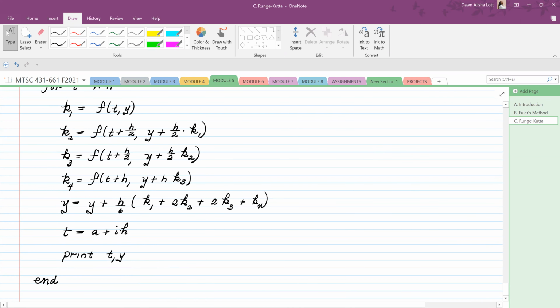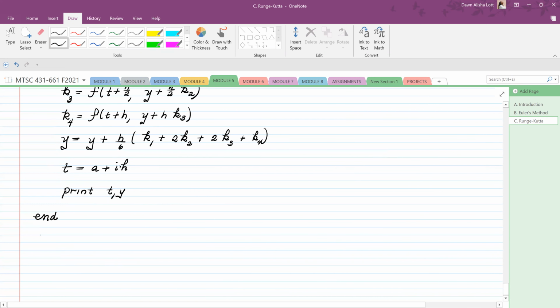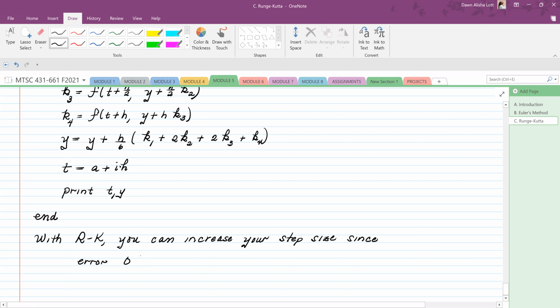All right, so the nice thing about it is your step size can be larger. So with Runge-Kutta, you can increase your step size since your error goes like order of H to the 4th.